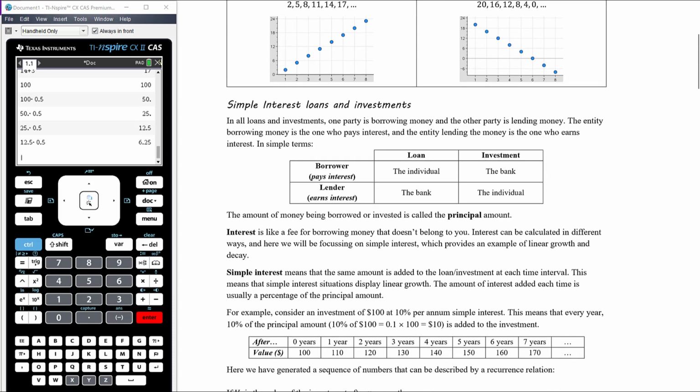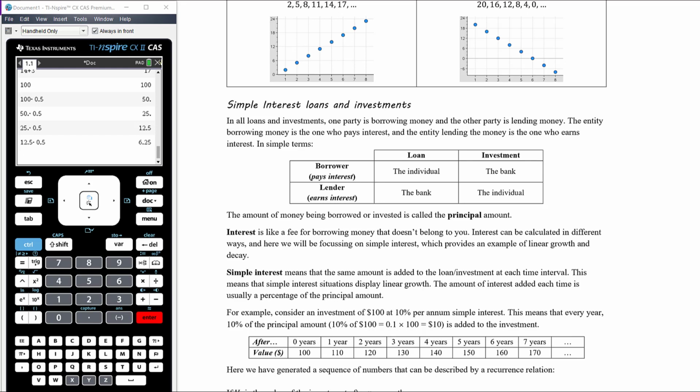Okay, so the first financial application that's going to involve linear growth is going to be simple interest loans and investments. Okay, so in all loans and investments, so this is just a general comment, we'll talk a lot about loans and investments throughout this entire module. In all loans and investments, one party is borrowing money and the other party is lending money.